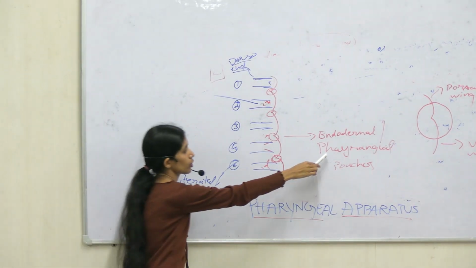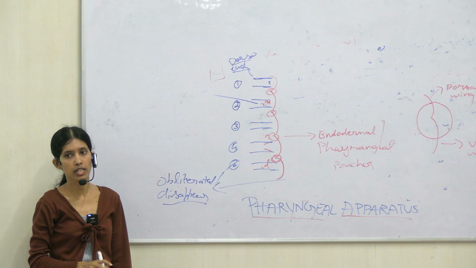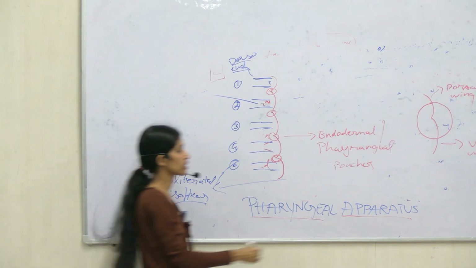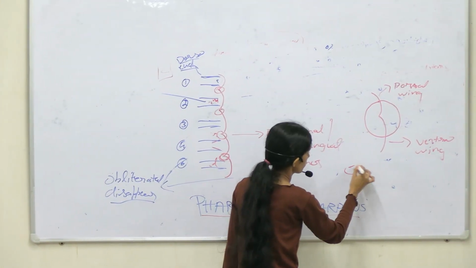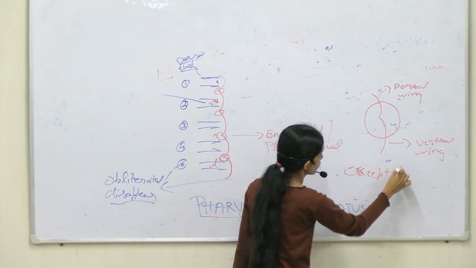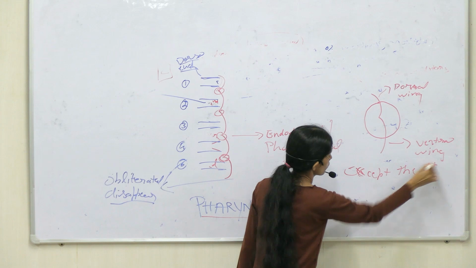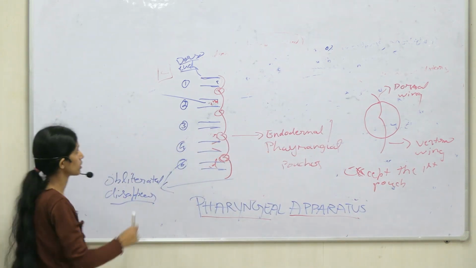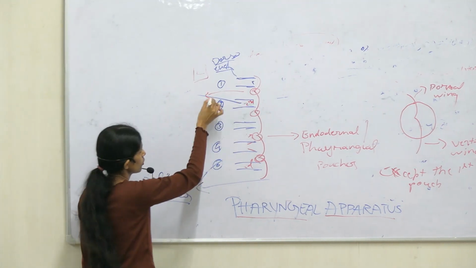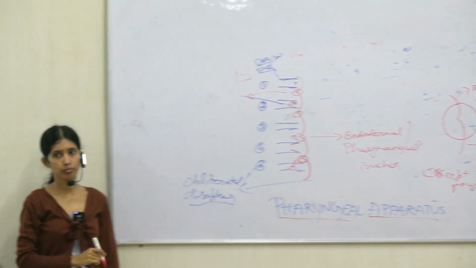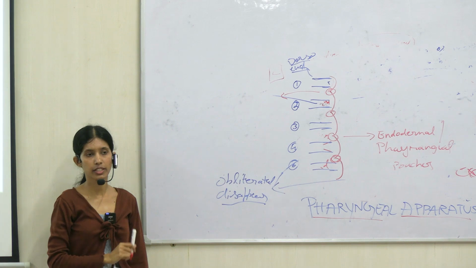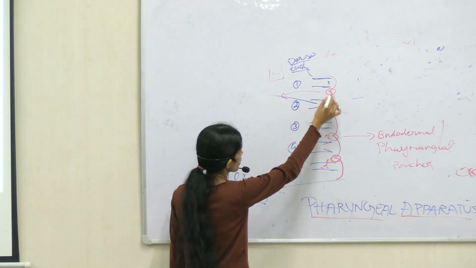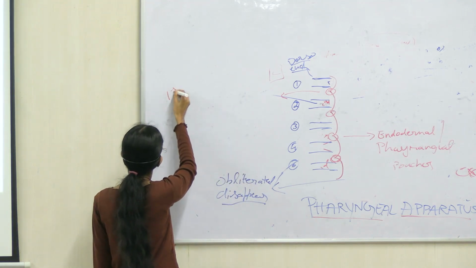Each endoderm or pharyngeal pouch has two wings, dorsal wing and ventral wing, except for the first pouch. The first pouch is considered as a single pouch. Any doubts?